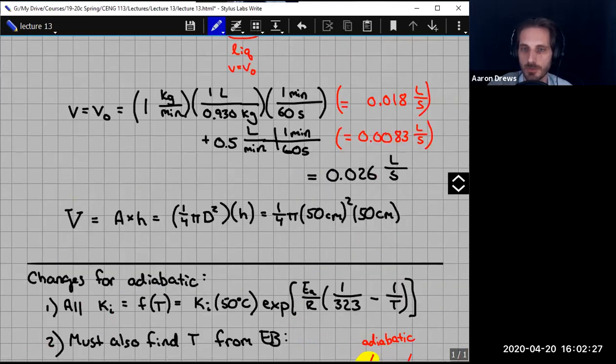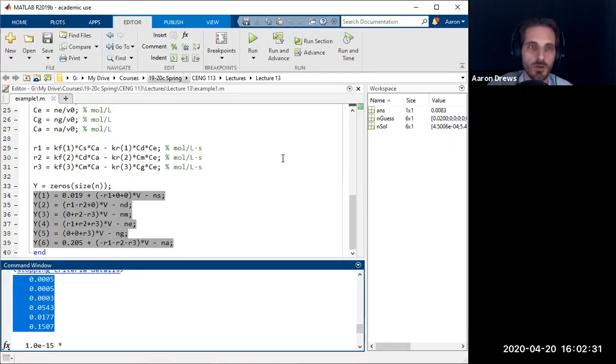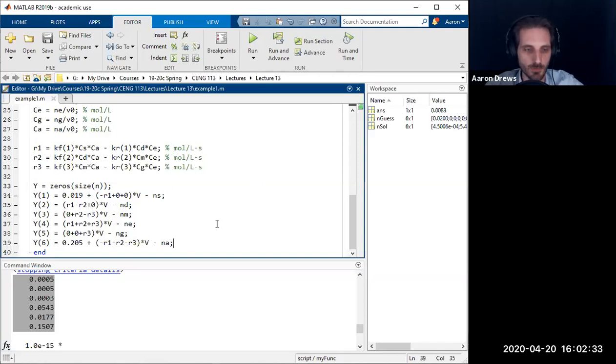And so if we look over at our MATLAB, what this ends up meaning is that we will down here have something like Y of 7 is equal to something, right? But this is the energy balance in root finding form. Because we have an additional element, we have another equation to solve, we also need another parameter that we can use to solve it.